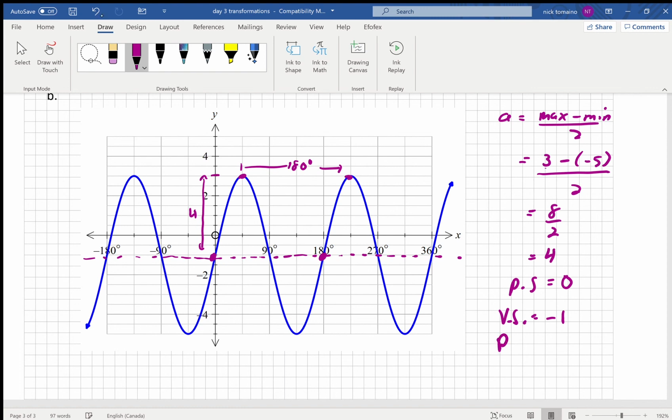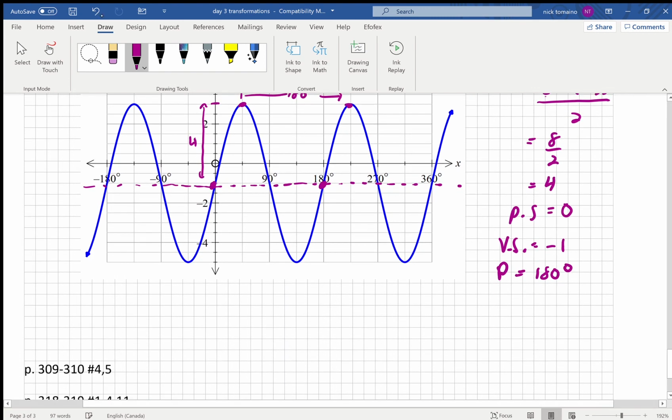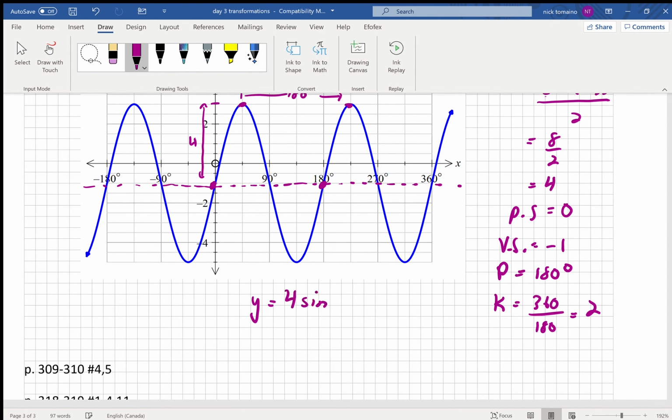So the period is 180, which means the K value is 360 divided by 180, which equals 2. So for a sine function, we have y is equal to 4 sine 2x minus 1. And you can put that in brackets if you'd like.